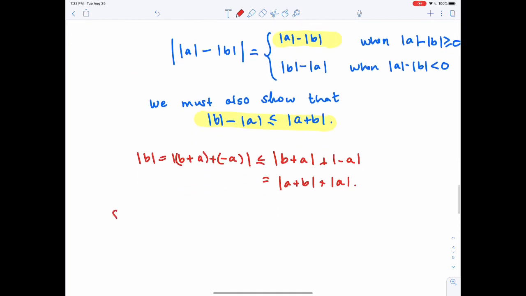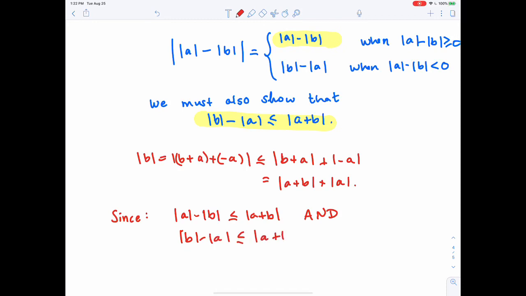So really the high level here is we're saying since we've shown that the absolute value of A minus the absolute value of B is less than or equal to A plus B, and the absolute value of B minus the absolute value of A is less than or equal to A plus B in absolute value, then we can put the absolute values back on around the expression and conclude that inequality holds.